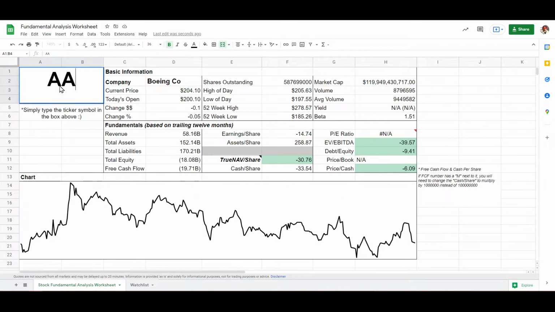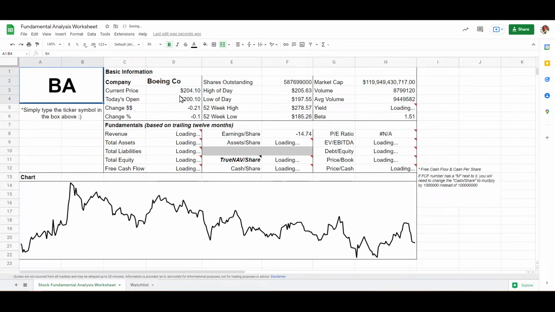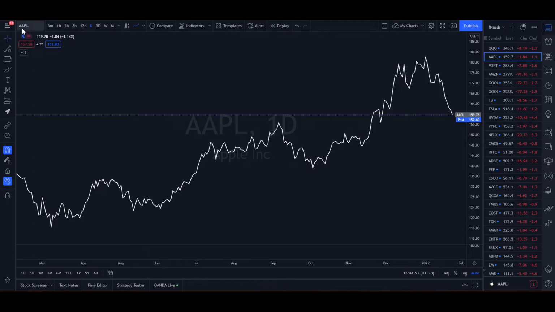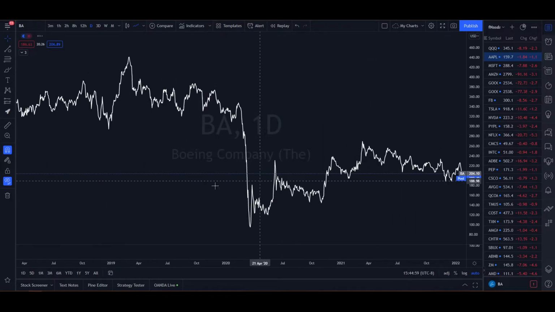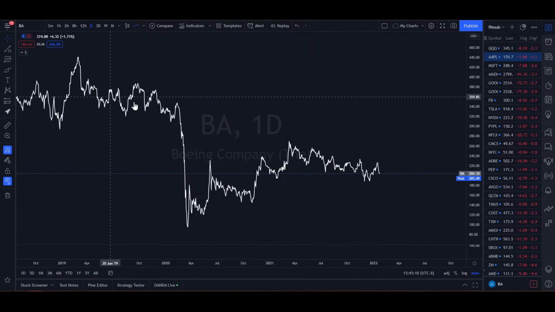So that's an example of how you can use this worksheet to avoid certain stocks. Let me go back, I want to show you, because some people would say, hey, Boeing was trading at a 52-week high of $278, and now at 204 that's cheaper. Let me pull up Boeing really quick. People will say, hey, before the COVID crisis, Boeing was trading in the upper 300s and low 400s, and there's a temptation to say that because of that recent history, it's bound to trade up that high again.